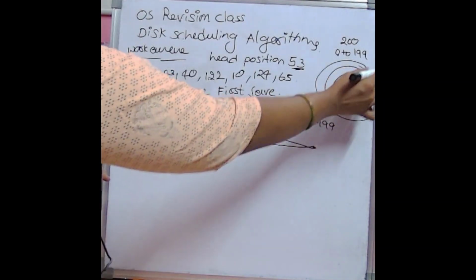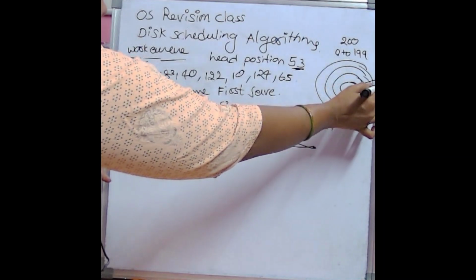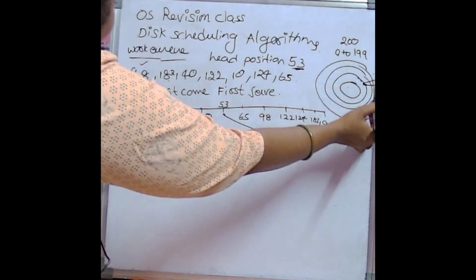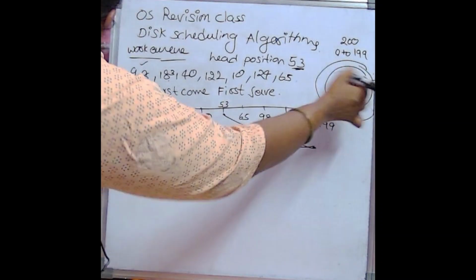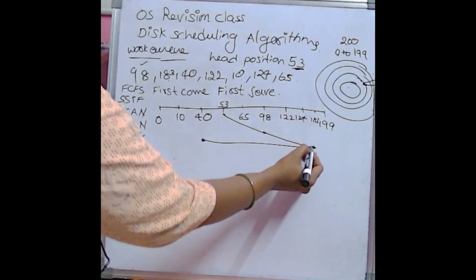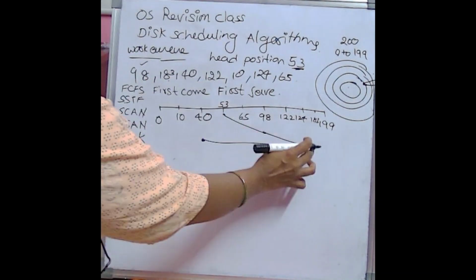Here it moves from 53 to 98, then to 122, somewhere here, since it is divided into 200 cylinders. After 98, 183 is there. It moves from 98 to 183.